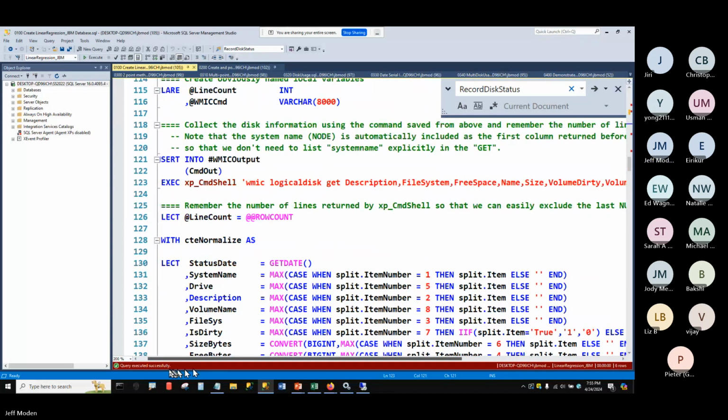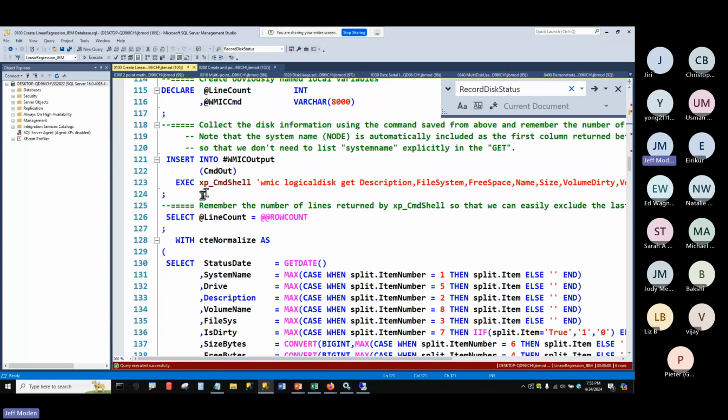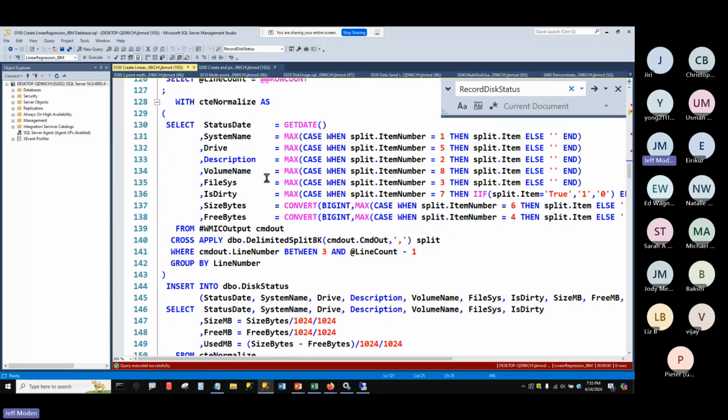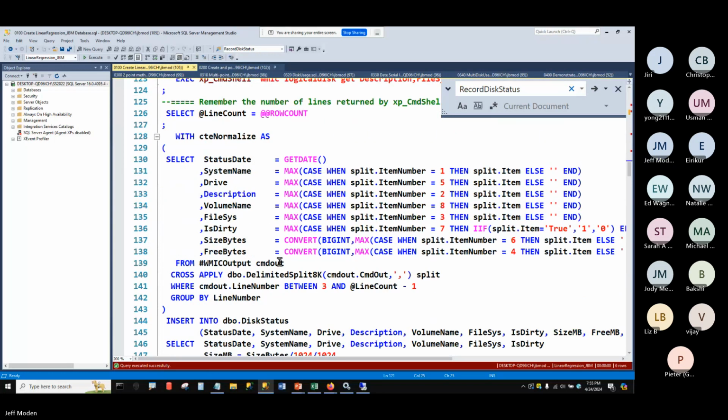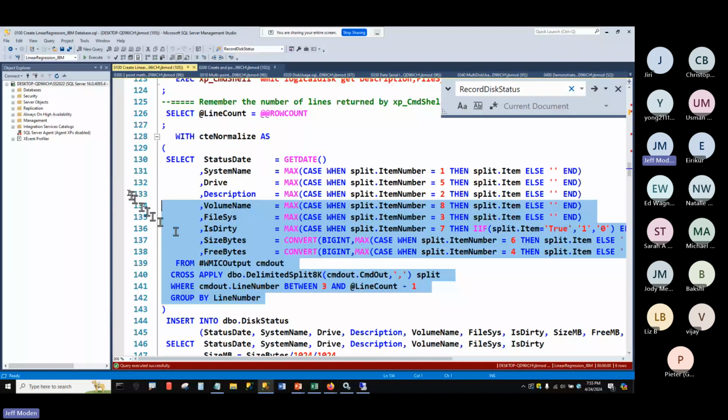And you can see when this runs, XP Command Shell is going to create an output, and I capture that output and stuff it into a temp table, and then we parse that temp table using the limited split 8K.